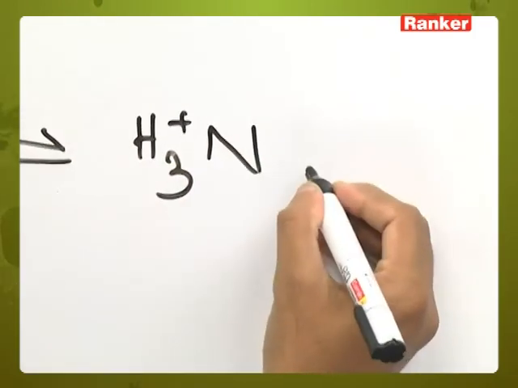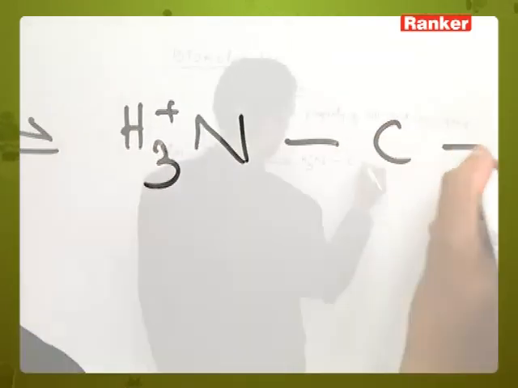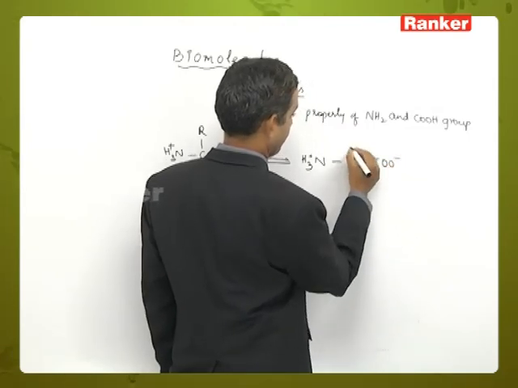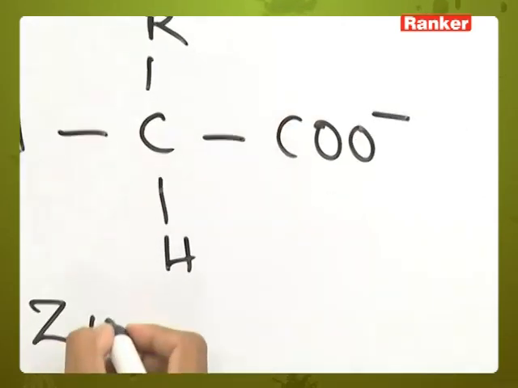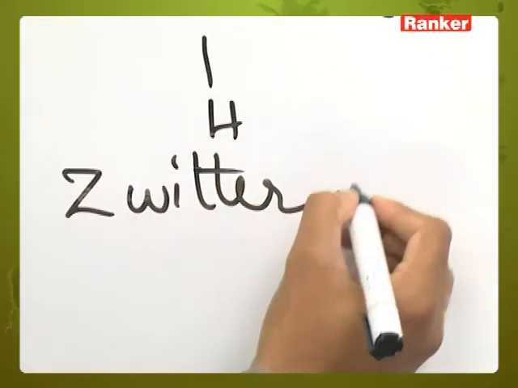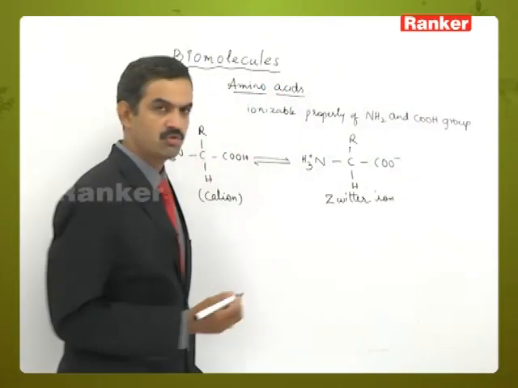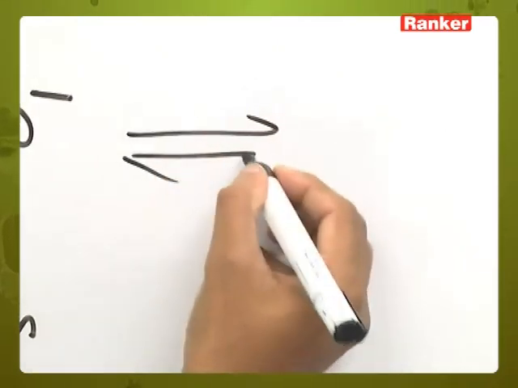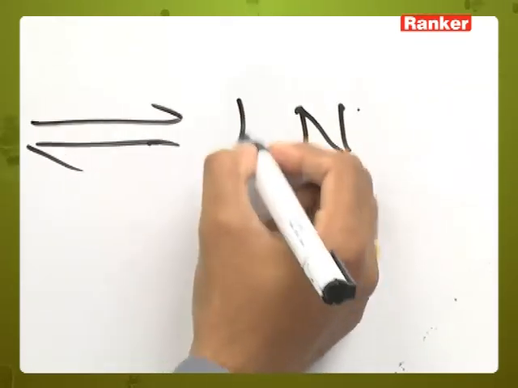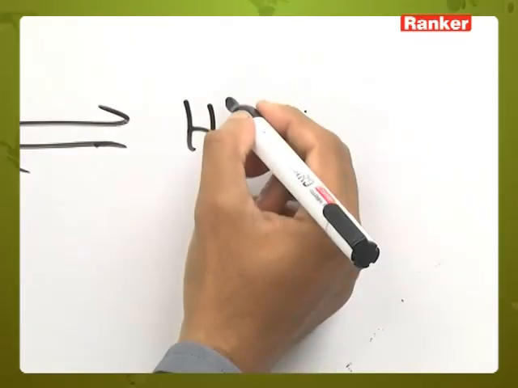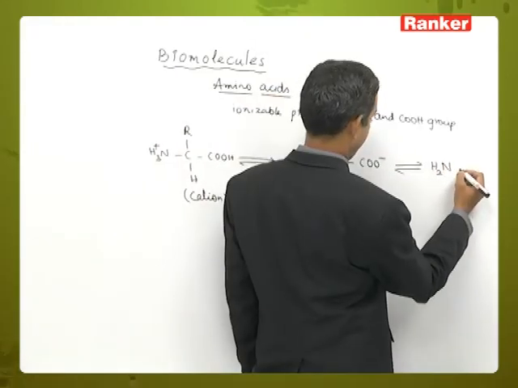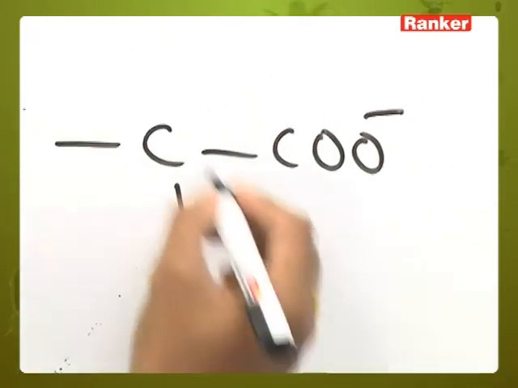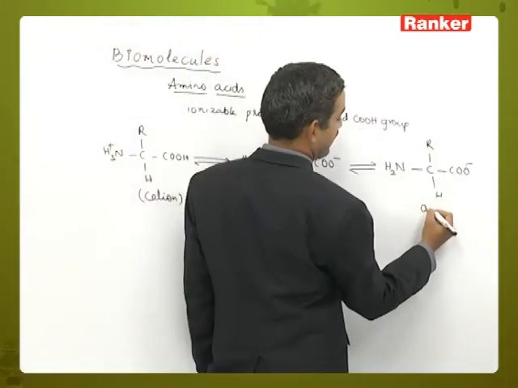This is called the zwitterionic form, and it is interconvertible to NH2, C, COO minus, H and R. This is the anionic form.